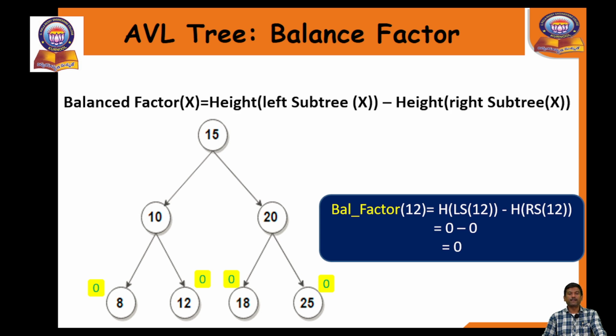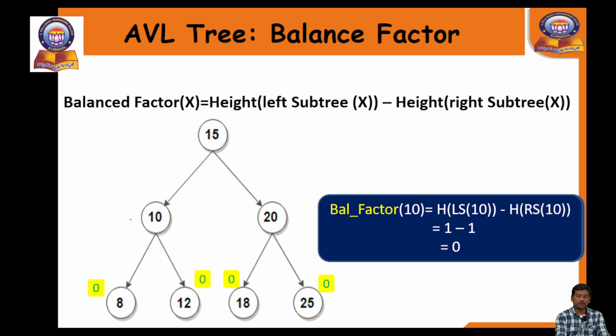Coming to finding the balance factor of another node, take for example the parent node, that is 10. How do we identify the balance factor of the node 10? If you recall the formula for finding the balance factor, the balance factor of any node is the height of the left subtree minus the height of the right subtree. And what does this height indicate?